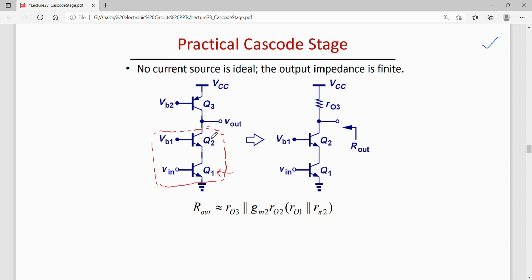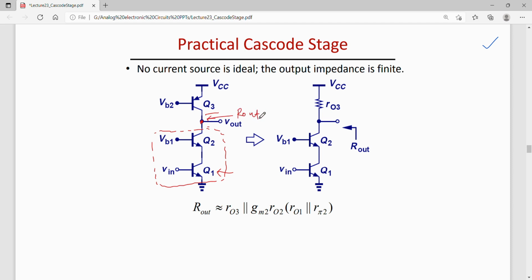So this circuit can now be changed by considering another transistor Q3 as a current source. So Q3 is now acting as a current source here, that is, it draws current from VCC and supplies to this node. So one can find out the output impedance, that is, the impedance at this point.